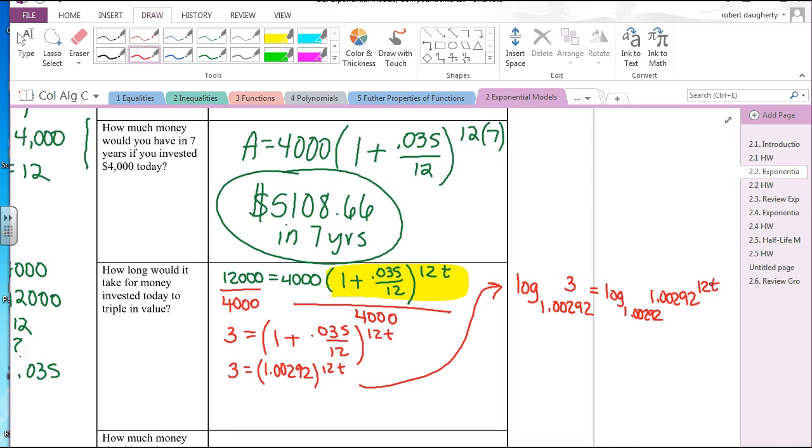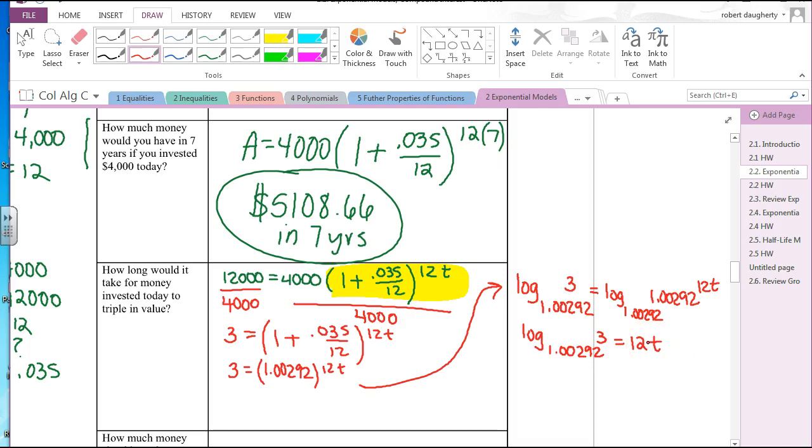12t. That is 12t. Don't spend a lot of time figuring that out. That's why we took the log base 1.00292, so that this would simplify. So now I get the log base 1.00292 of 3 is equal to 12t. Trying to solve for which variable?